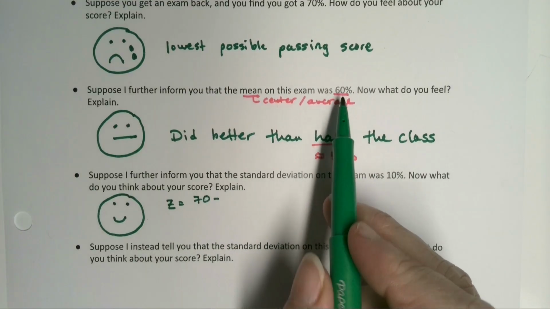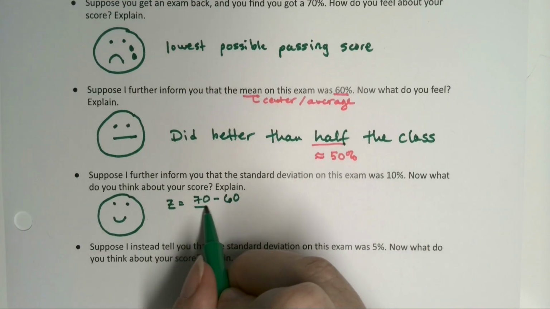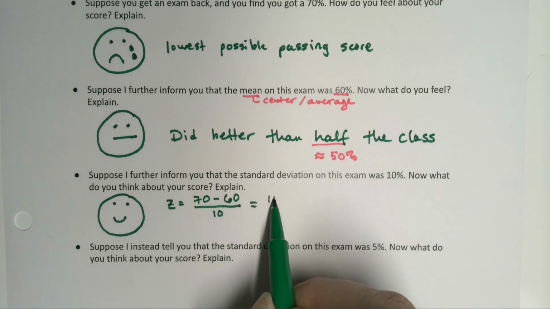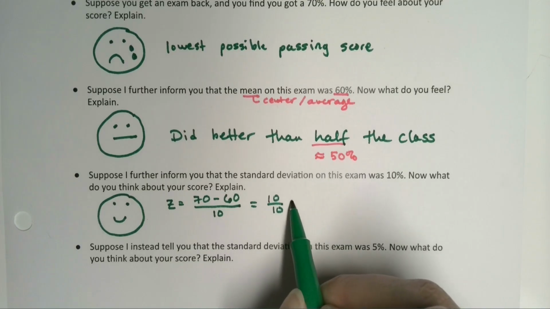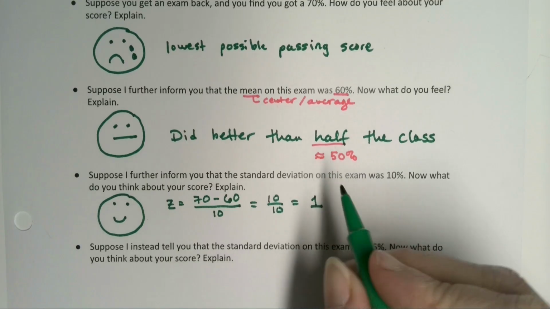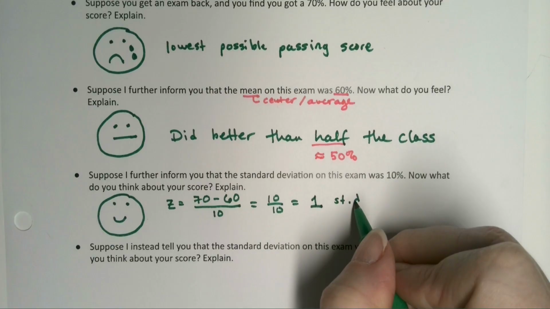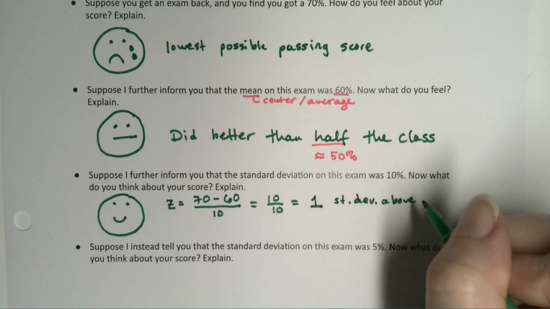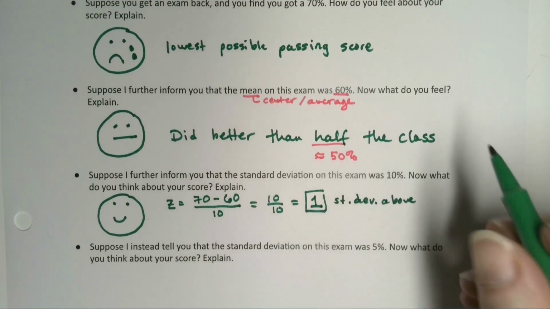If the mean was 60 and the standard deviation was 10, 70 take away 60 is 10. 10 divided by 10 is 1. So you're 1 standard deviation above the mean. In other words, your z-score is 1.